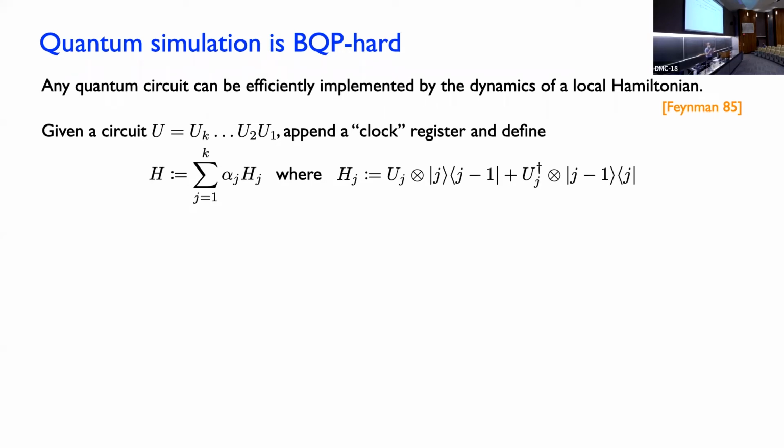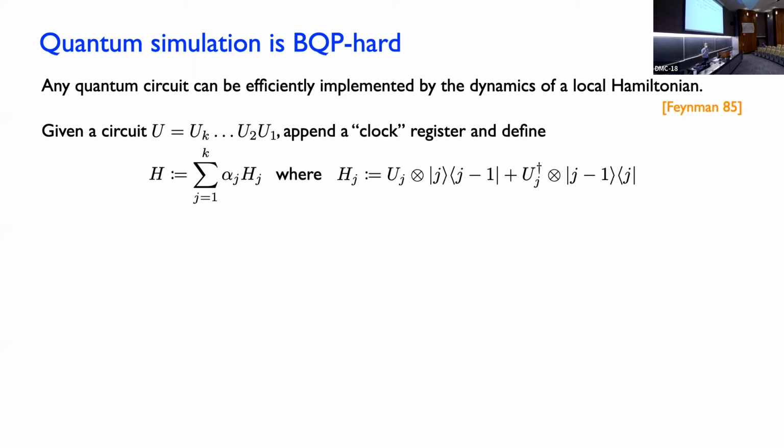Now that is not a Hermitian operator, right? So we have to add the Hermitian conjugate. We're going to add also the operator that undoes the computation: the thing that makes the state go back from j to j minus 1, and then applies U dagger to the register that stores the state of the computation. So that's now a Hermitian operator.